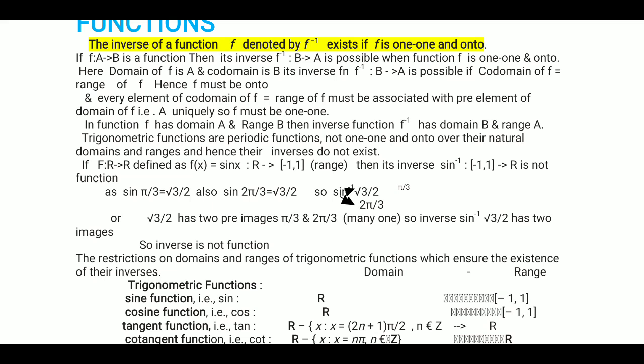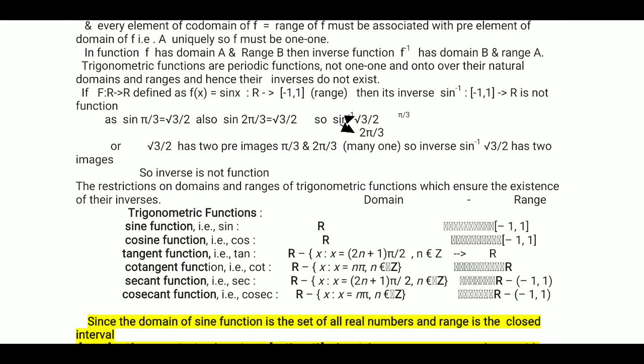So its inverse, sine inverse of root 3 by 2, has two images. That is against the definition of a function. So the inverse is not a function in the case of trigonometric functions.